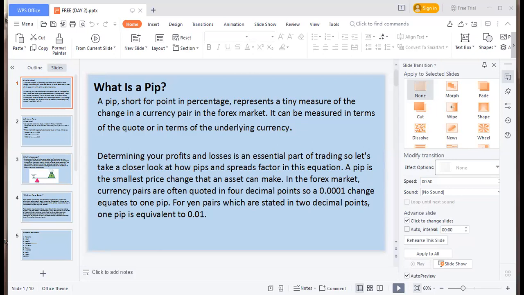As a matter of fact, while I was making my research years back, I discovered that a pip simply comes from this simple logic. Let's go to my screen.